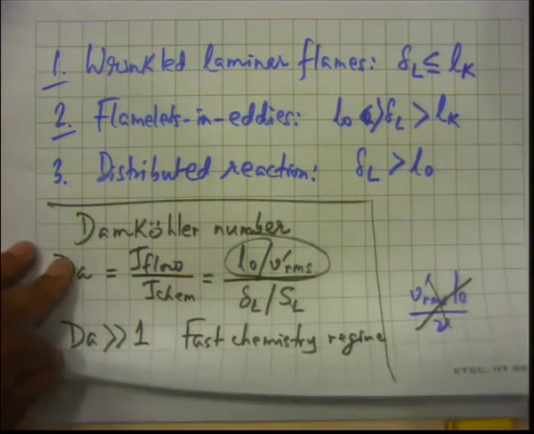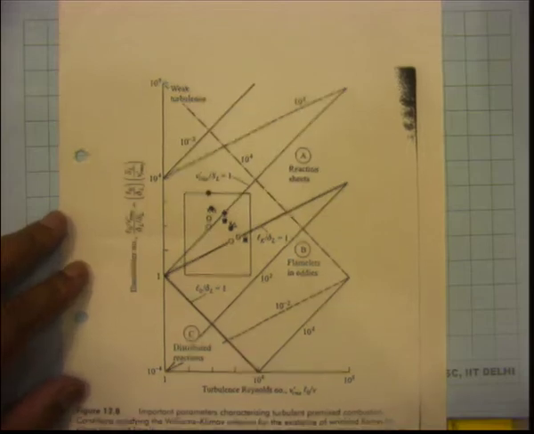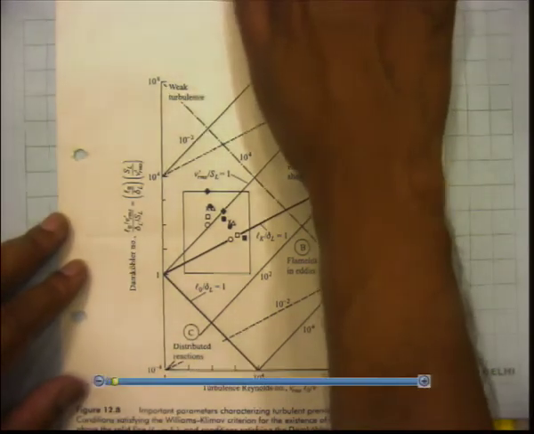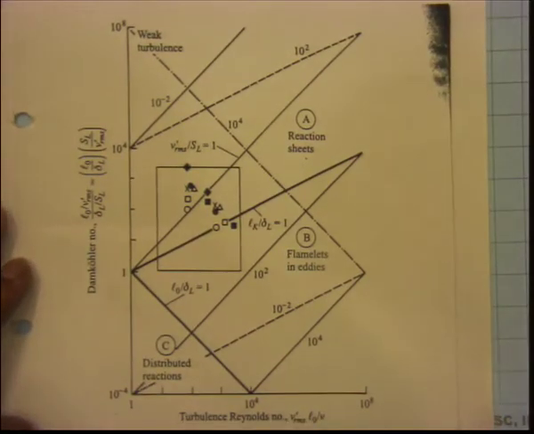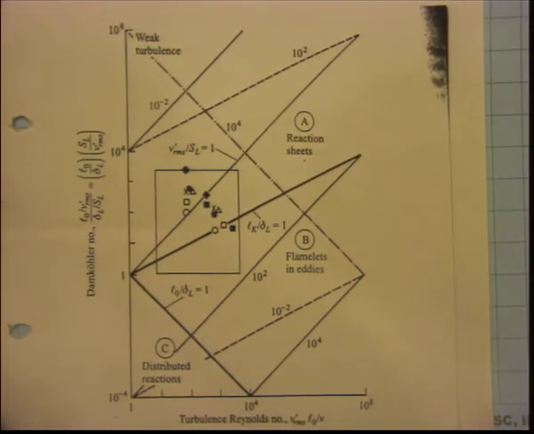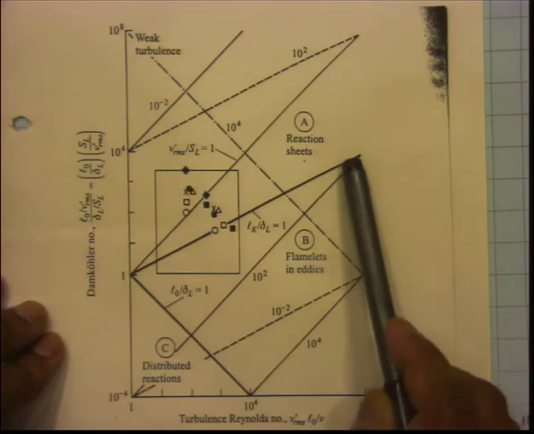The plot that we were seeing is an important plot, because this sort of plot is widely used in combustion literature. Now that we understand the two axes, let us look at what lines we have. There are two major lines. You see a bold line here, and another bold line here.